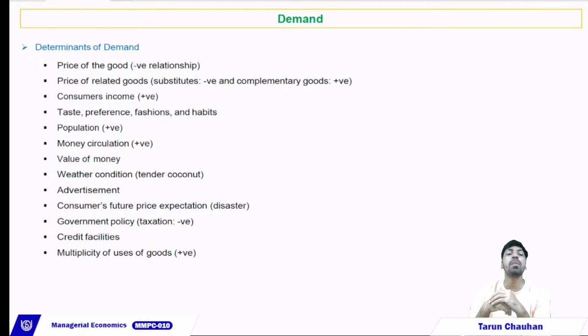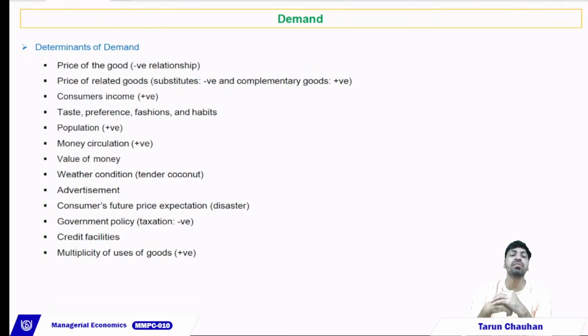The next one is population. If the population size gets increased, then definitely there would be a positive relationship between the demand and the size of the population. If the population increases, automatically the demand would increase, as more and more people buy varieties of products. So that's why it's a positive relationship. The next one is money circulation.